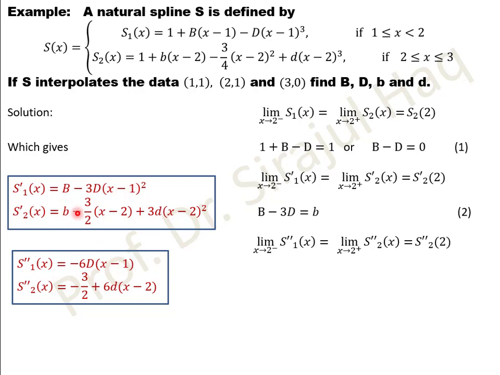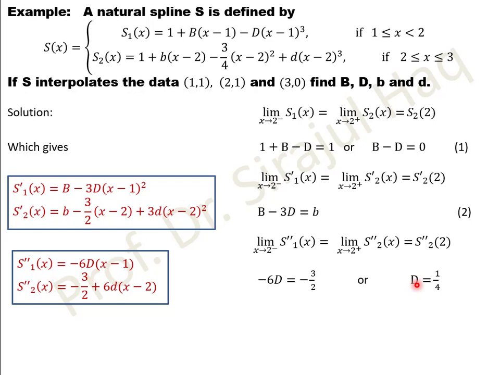This derivative will be 0 minus 3 divided by 2 plus 6d into (x minus 2) power 1. Again, we have nothing in the denominator, therefore we replace x by 2 minus 6d. This will become 0 minus 3 divided by 2, and you can find out the value of d from here, which comes to be 1 divided by 4.